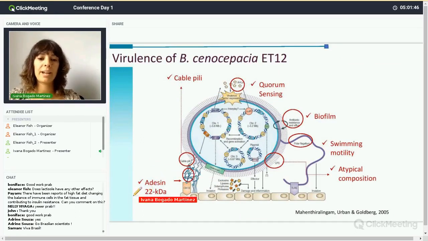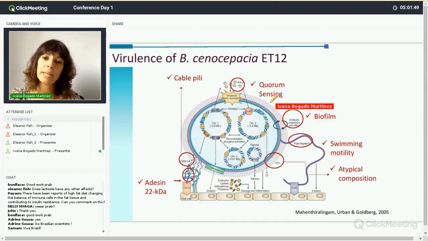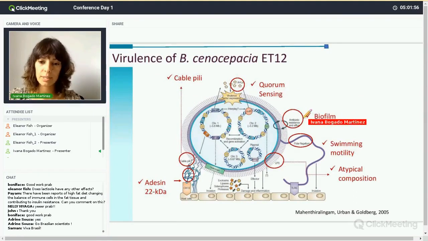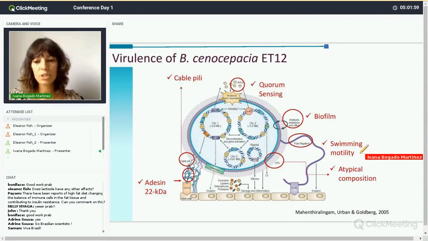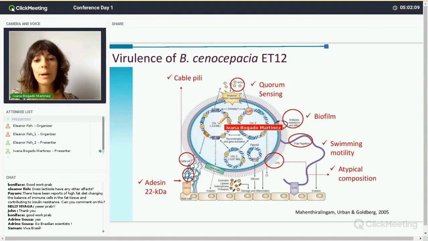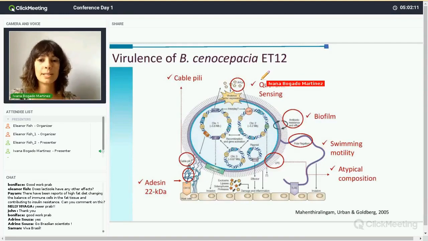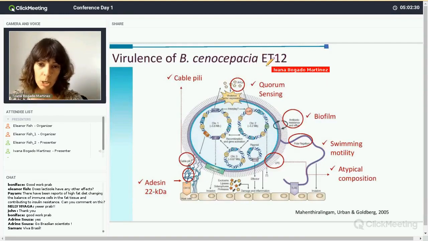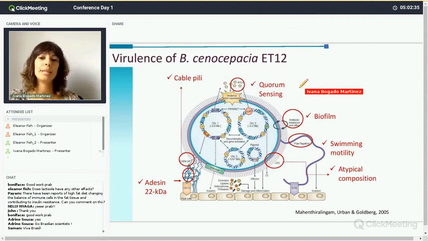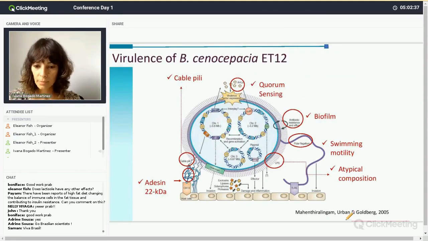We can find here adhesins, cable pili, a system for communication, biofilm that gives this pathogen antibiotic resistance, swimming motility, and a lot of different atypical composition of flagella, for example. So if you want to kill a human, you'd like to be a Burkholderia cenocepacia. And this epidemic clone was isolated in Edinburgh and Toronto, and it's called the ET12.